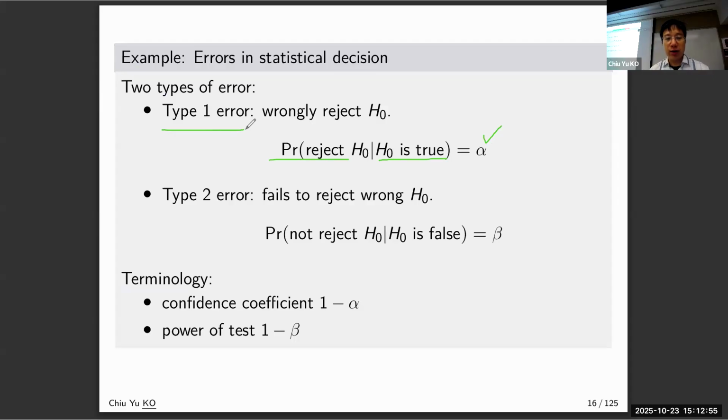Since there is a type 1 error, you can imagine that there's also a type 2 error. The type 2 error means that actually the null is false, but you fail to reject. That is called a type 2 error. So to give you an idea, what is type 1 error?